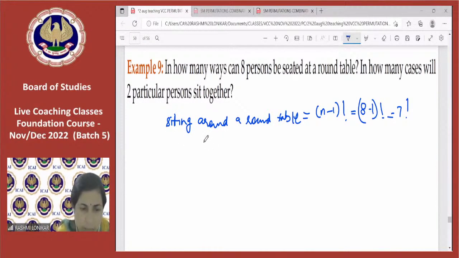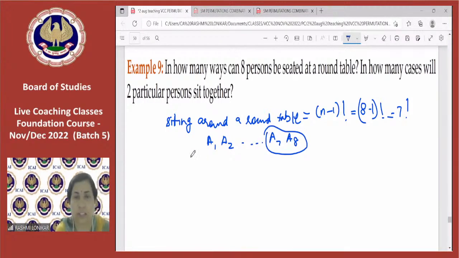So I had 8 people, so I had A1, A2 up to A7, A8. But now what they are saying is these 2 will always sit together. So how many people will remain? This is A1, A2 up to A8. This is taken as 1. So I have now n equal to 7. Here n was 8, and now n is 7. So now they will sit together.